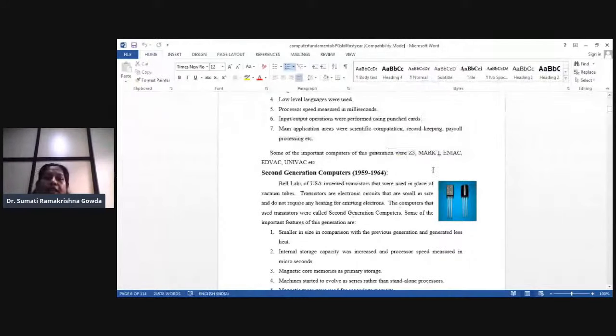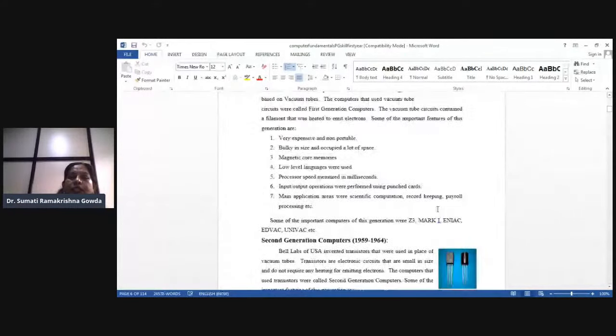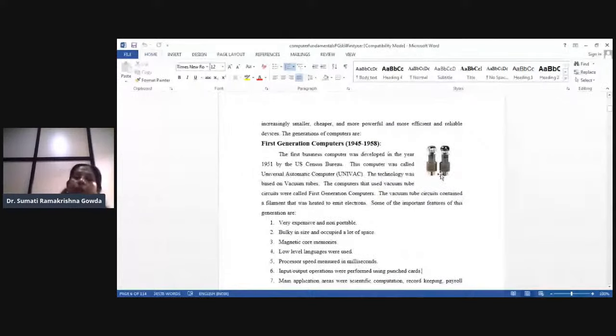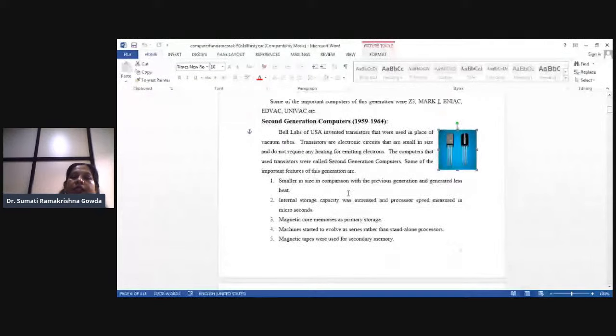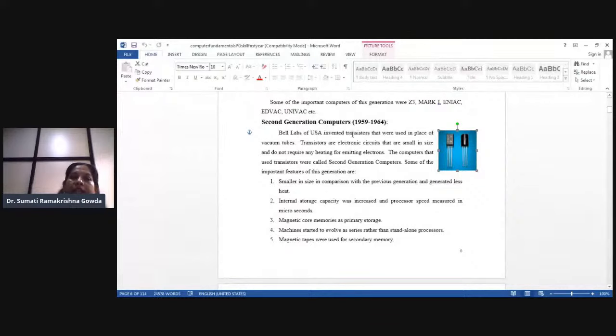After that, the second generation started from 1959 to 1964. During this time, vacuum tubes, this is the vacuum tube, were replaced by this, a transistor. Bell Labs of USA invented transistors, and they were used in place of vacuum tubes.